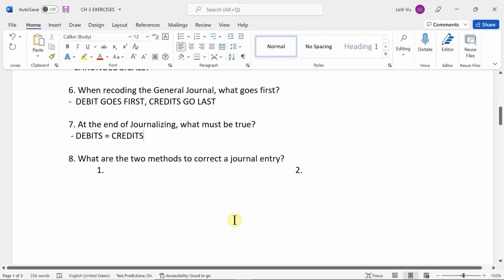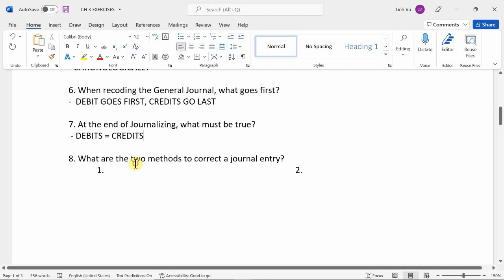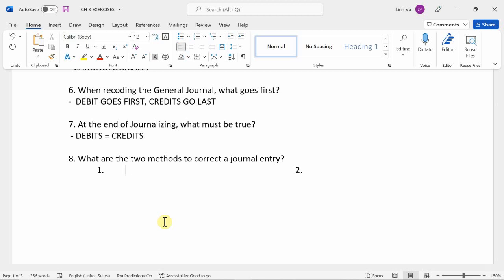And then number 8, what are the 2 methods for correcting journal entries? Reverse and reentry, and error cancellation. Good.